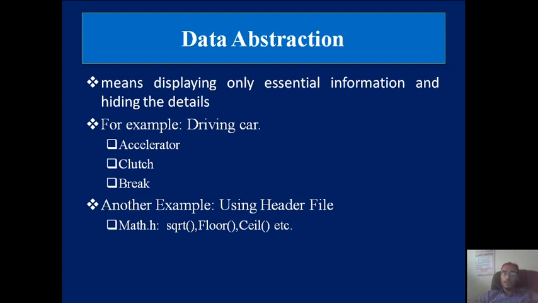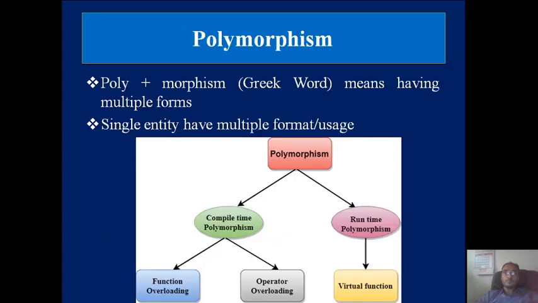You know that it will give the square root of the variable that you pass as an argument, but you do not know how it actually calculates, right? We all know the functionality of these functions, square root, floor, ceil, what they do, but how they do that task, we don't know. That is the terminology known as abstraction.